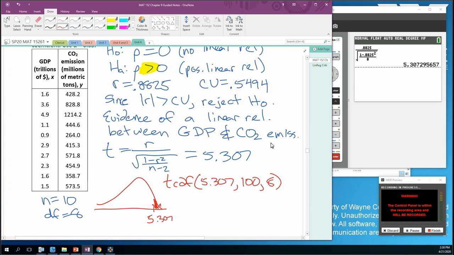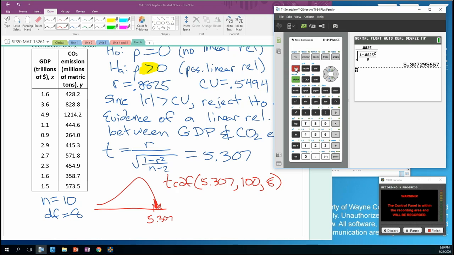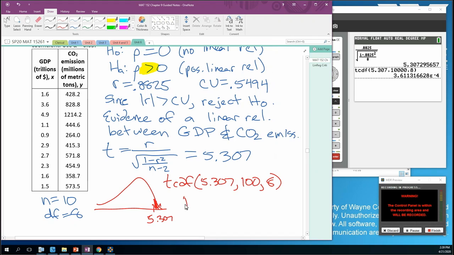So we'll go into the distributions: 5.307 to some big number with 8 degrees of freedom, and we have 3.6 times 10 to the negative 4. Basically, it is 0.00036. So it's definitely a rejection.